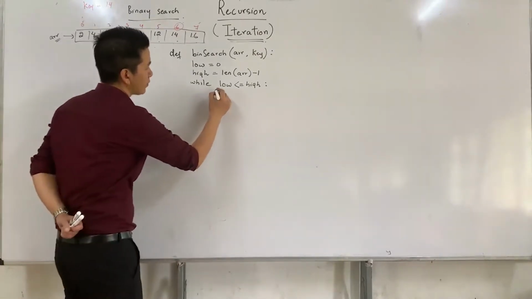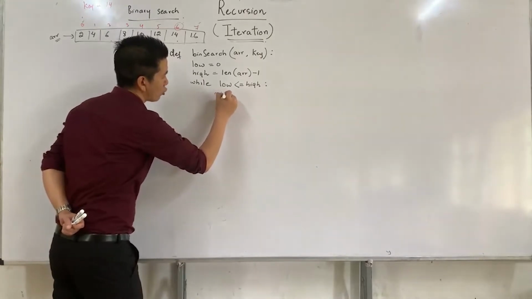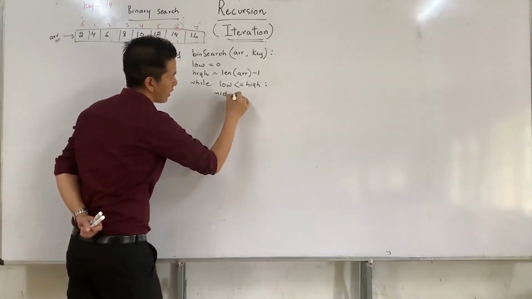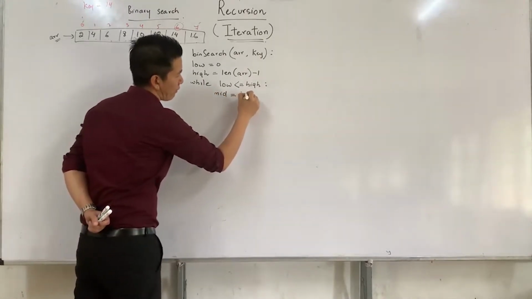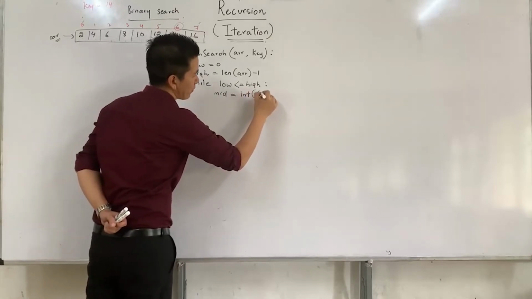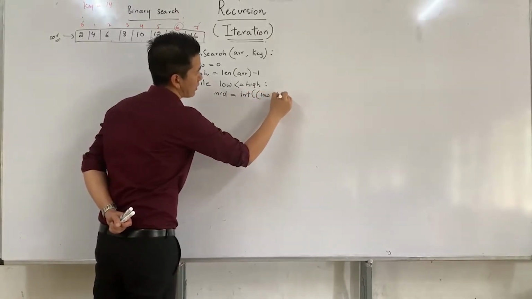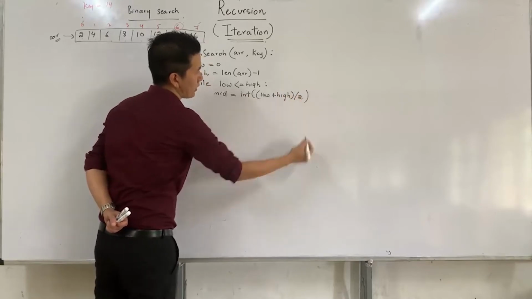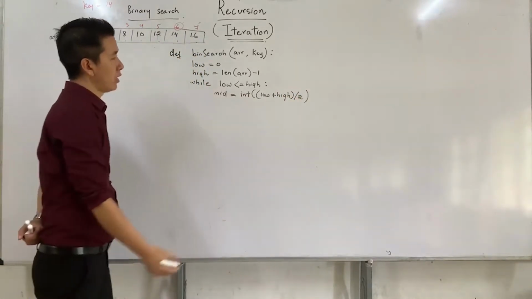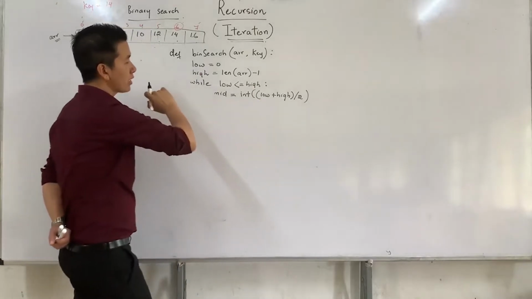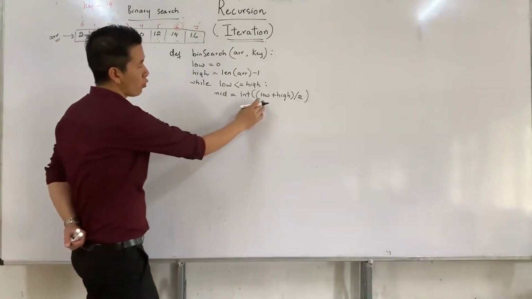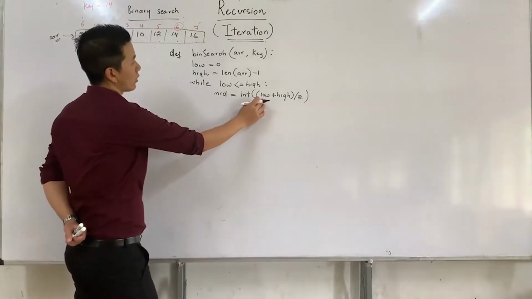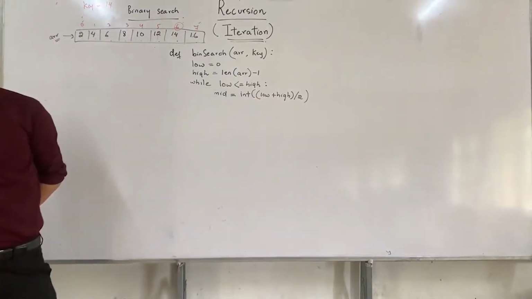Then I need to calculate the middle index by having the typecast of int, low plus high divided by 2, and then the closing parenthesis. As of now, the value of low is 0 and the value of high is 7.